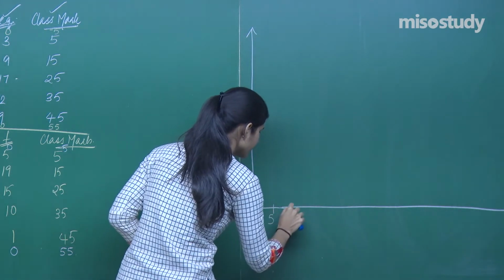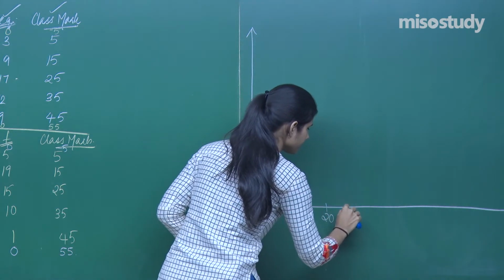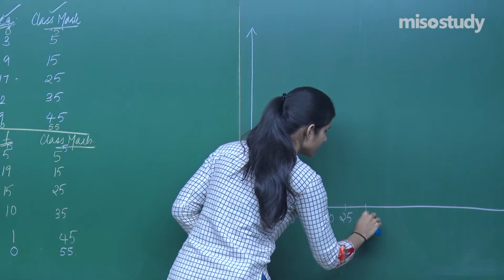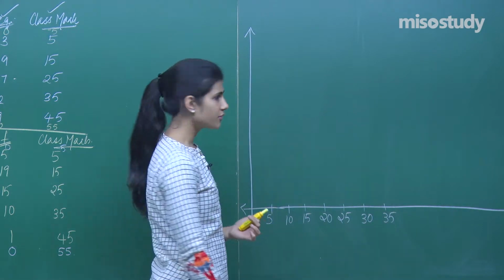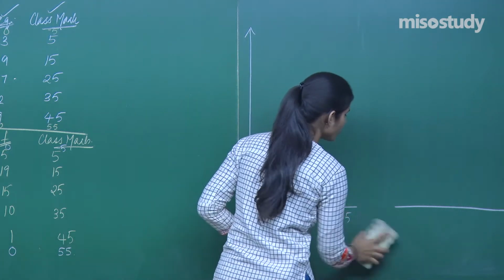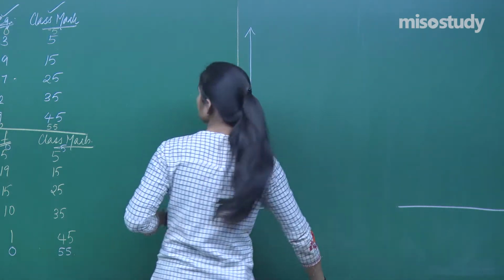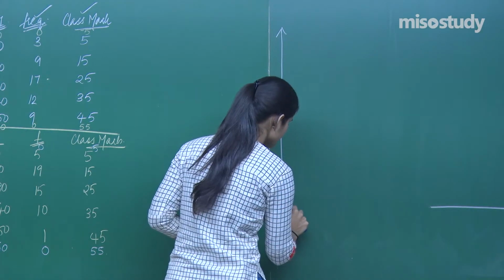So you have 5, 10, 15, 20, 25, 30, 35. Because I am only interested in plotting class mark comma frequency, let's just take the class marks.